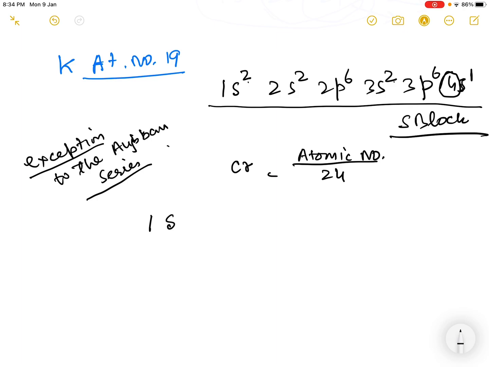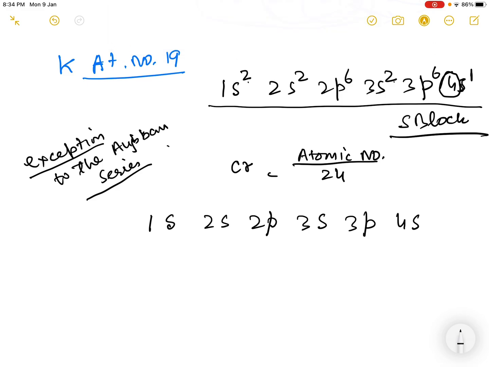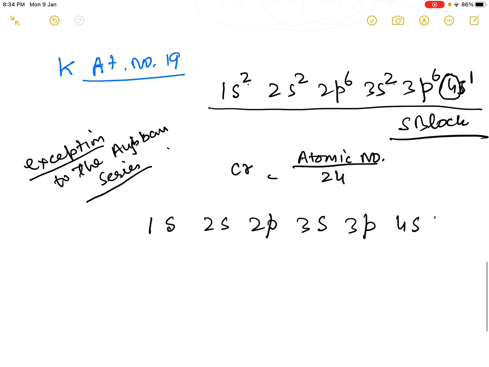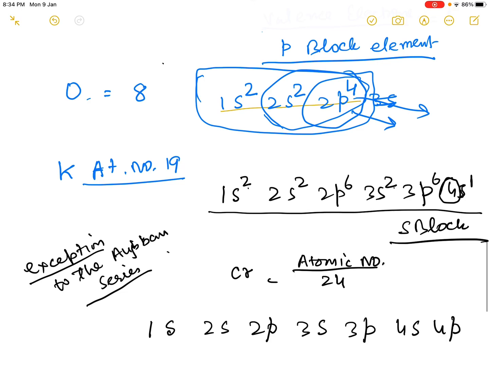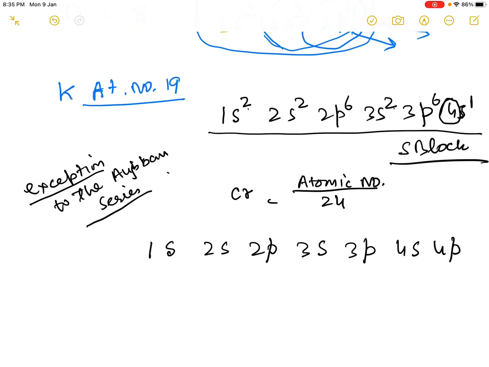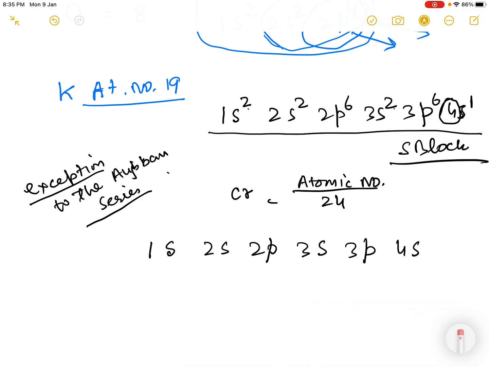First 1s, then 2s, 2p, 3s, 3p, and then 4s, and then 4p. After 4s, there is 3d.